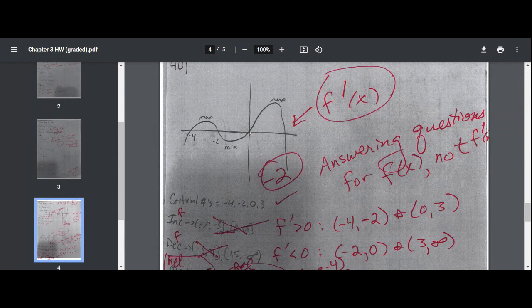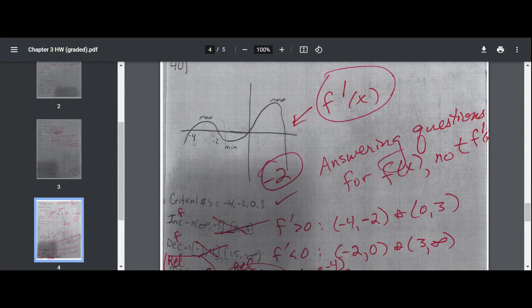Yeah. From 0 to whatever point this is, your derivative graph is increasing, and your derivative graph has a relative max there, but that's not what it's asking you. It's asking where f is increasing or decreasing, and where f has a relative max or relative min.